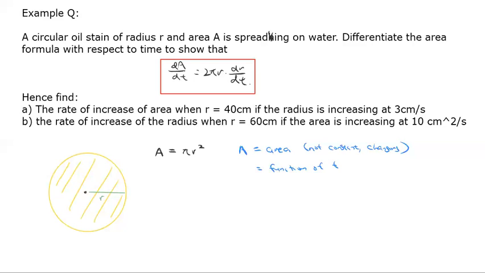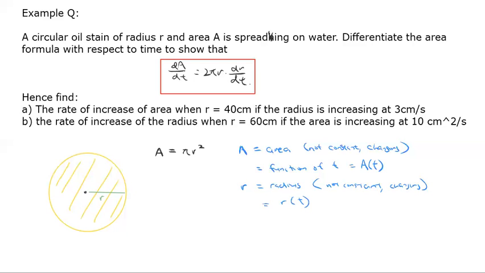Well, r is the radius, but this is also not constant and it's also changing, right? So you would understand that r is also a function of t, which we'll call r(t), and we'll call this A(t), all right? Now, to be clear, you don't need to write this out, but you need to understand that this is the case.